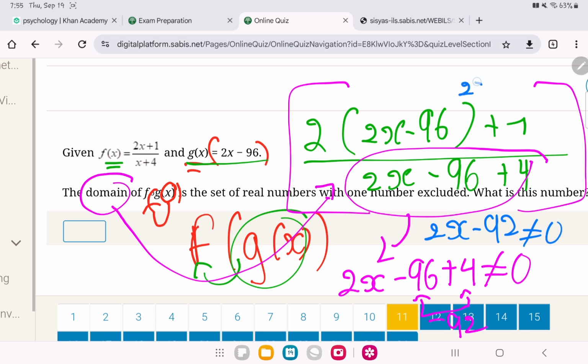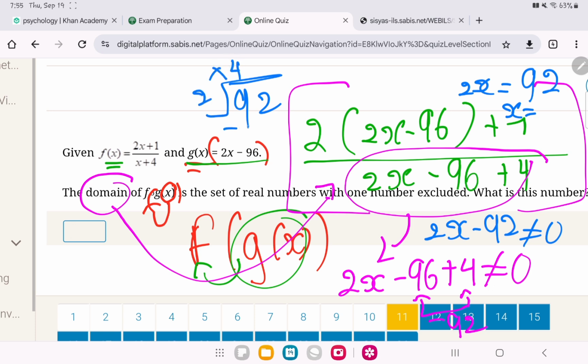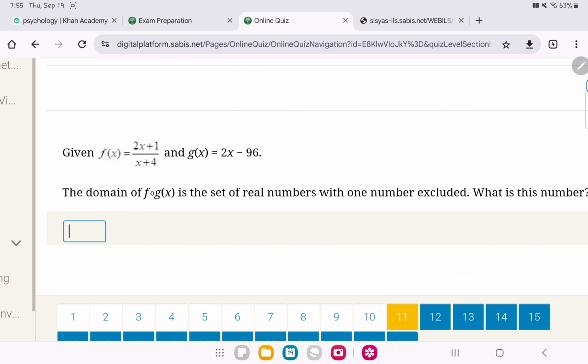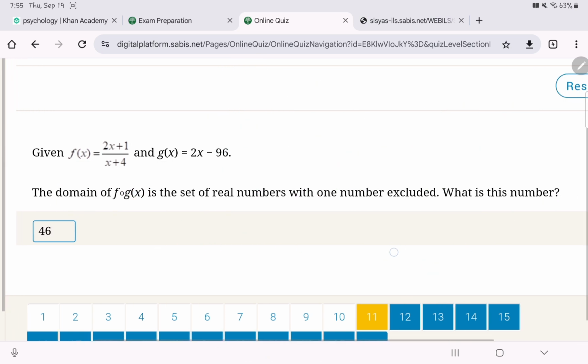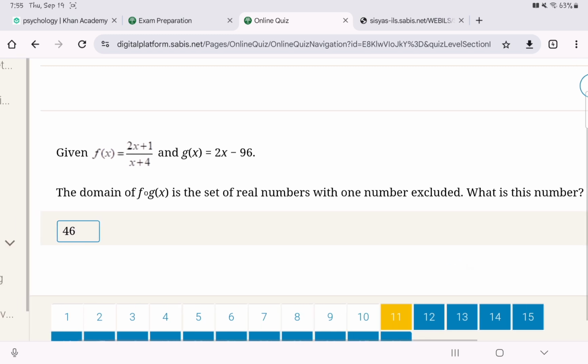So then 2x is different from 92, and then x is different from 92 divided by 2, which is 46. So that means the domain is all numbers except for 46.